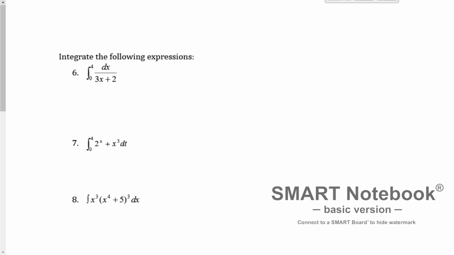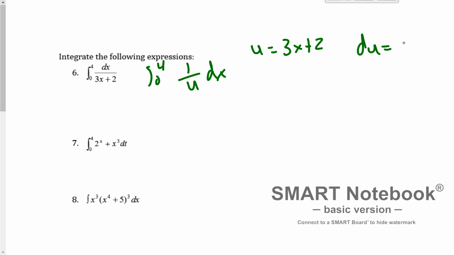So this one, just do substitution from 0 to 4. 1 over u dx. u is equal to 3x plus 2. Take the derivative of that, so du equals 3 dx. Divide by 3, replace that, for 1/3 out front.